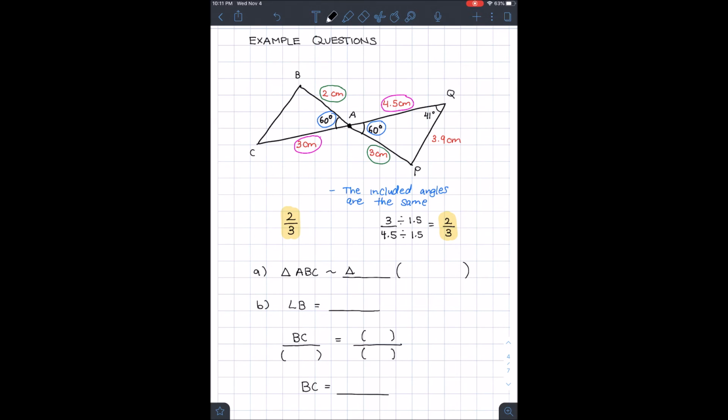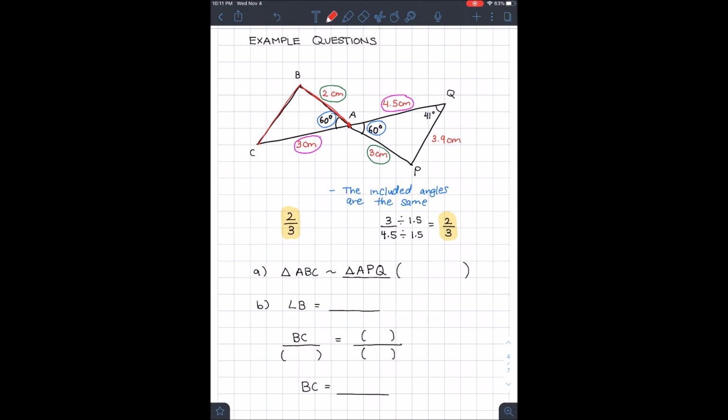triangle APQ. Now, if you're wondering why I ordered the triangle name as APQ instead of another letter, like for example QPA or PAQ, well, we know that the first triangle is named ABC, so we're going from A to B to C. So for the second triangle, we follow based on the corresponding sides.